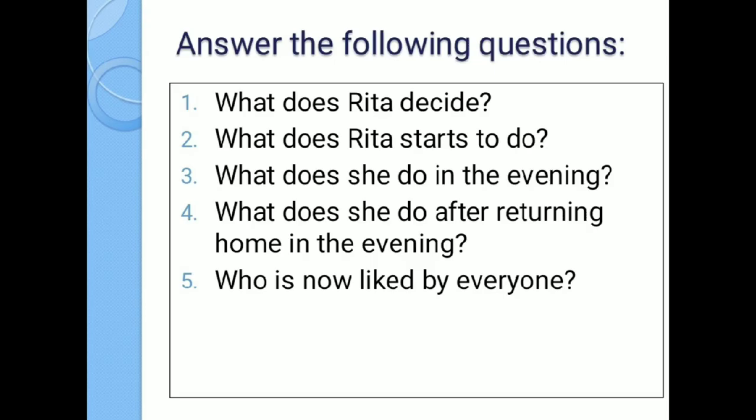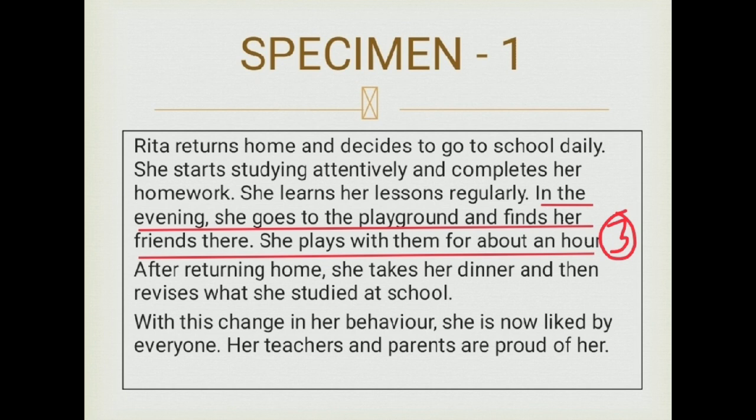We'll move on to the next question. Question number 3. What does she do in the evening? Again, we'll have a quick look at the passage, and there I have underlined: In the evening, she goes to the playground and finds her friends there. She plays with them for about an hour.